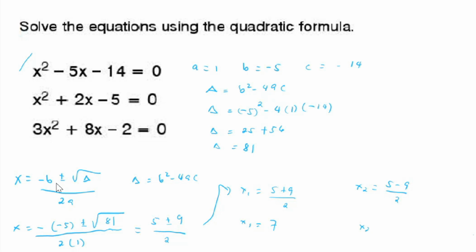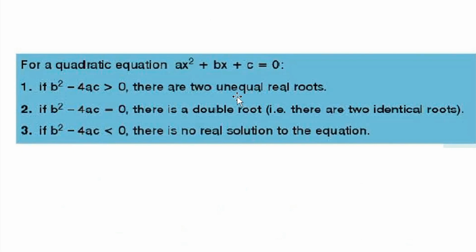And 5 minus 9 is negative 4, divided by 2 is negative 2. That's correct because we expected two unequal real roots. So there are two answers: negative 2 and 7. There are two unequal real roots if the discriminant is greater than 0.